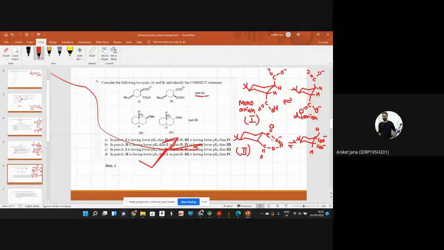As in case of 2, a stable intramolecular hydrogen bond is present between the carboxyl O minus and the hydrogen atom, right? So this hydrogen will never get released, and it will be very difficult to form the dianion form, right? Yes, sir. So this is more acidic.